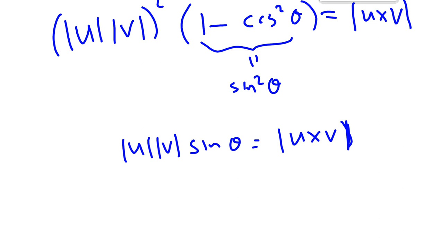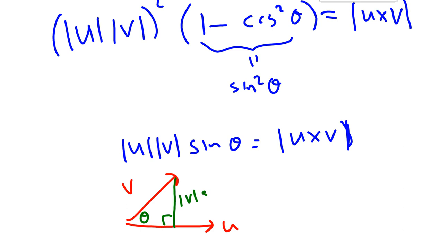Then sort of as a cool follow-up to that, if you think of having two vectors, a vector u here and a vector v here, then you know that this distance here, this is the angle between them, can be found by finding the length of vector v times the sine of theta.